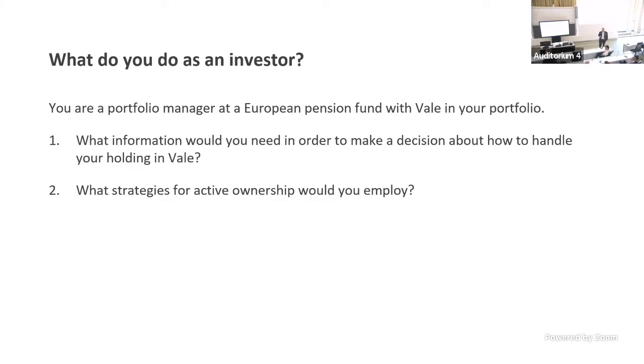Yeah. I would not have invested in VALE in the first place. If I would have been invested, I would ask from the management a report on how this broken dam could happen, despite bi-weekly inspections. What was the reason for it?